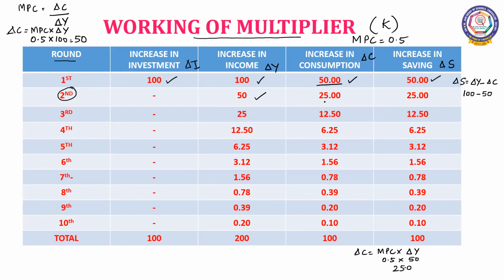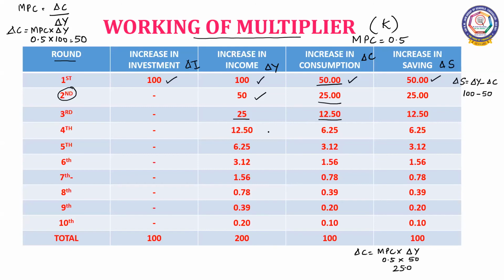Again, in the next round, this change in consumption becomes the income in the third round. Change in income in the third round. And again, this is calculated using the same formula, and you get 12.50. And this 12.50 is a part of income. So 25 is the income and consumption is 12.5. So the remaining 12.50 is the savings.